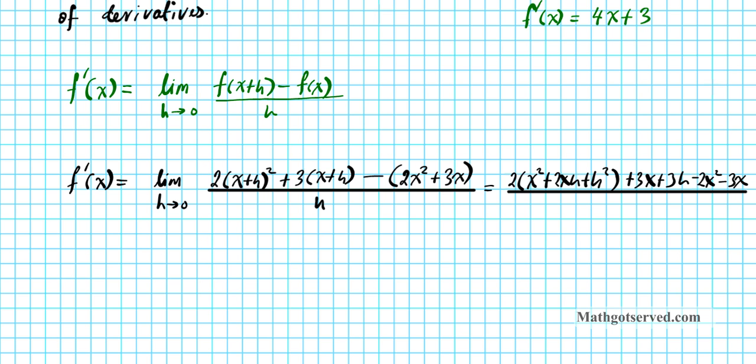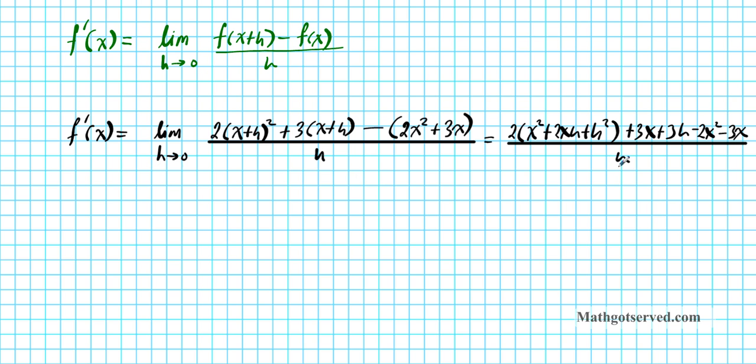Okay, we're still taking the limit. Okay, so let's see what we can do here. We can distribute this 2 to all these terms here. Also, if you note the 3x and the 3x, these cancel out right there. And then let's go ahead and distribute the 2 to everything.